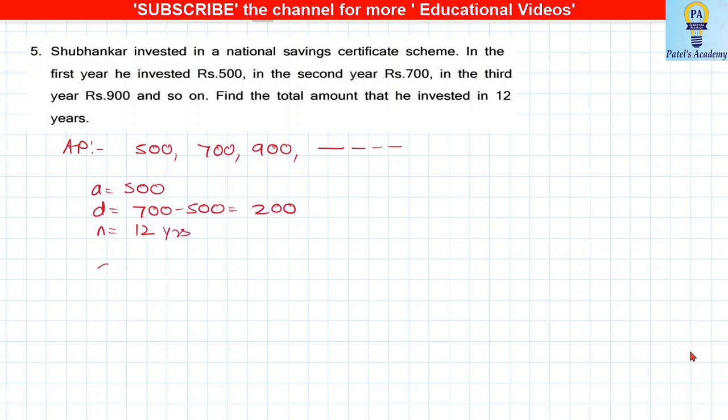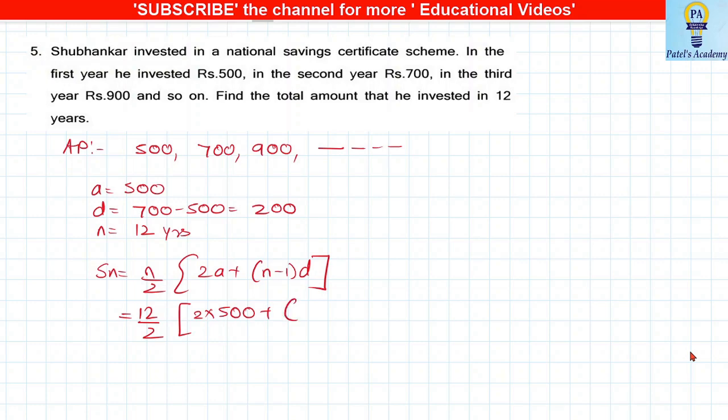The question is total, so we are using Sn, that is n upon 2 (2a plus (n minus 1)d). n is 12 here. So 12 upon 2 (2 into 500 plus (12 minus 1) into 200). This will reduce to 6.